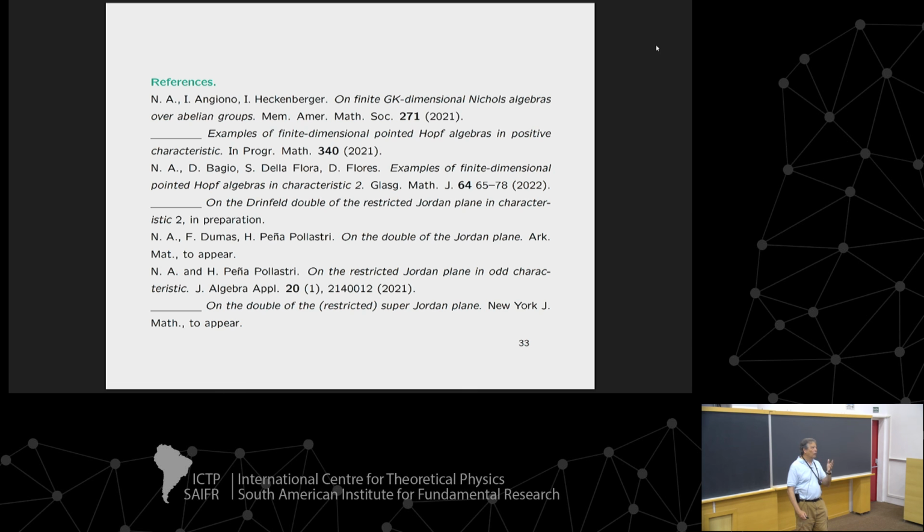Therefore, I was expecting to have more. I was expecting SL3, but I could not find SL3 yet. So if it exists, it is in some way that I cannot see now. But there is no direct generalization of the Jordan plane. Of course, you may say, why are you asking for finite Gelfand-Kirillov dimension? Take the 3 block and see what happens. Maybe, I didn't do that.